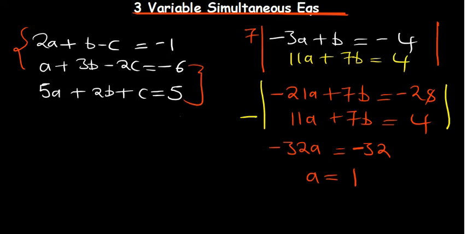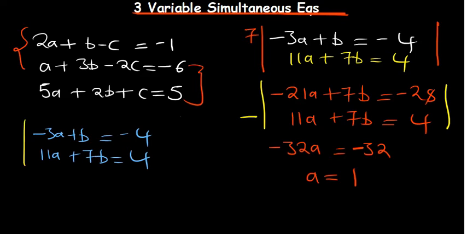Since I want to deal with this purely by elimination, I can still proceed and eliminate b again. So negative 3a plus b is equal to negative 4, and 11a plus 7b is 4. Let me try to eliminate a now.